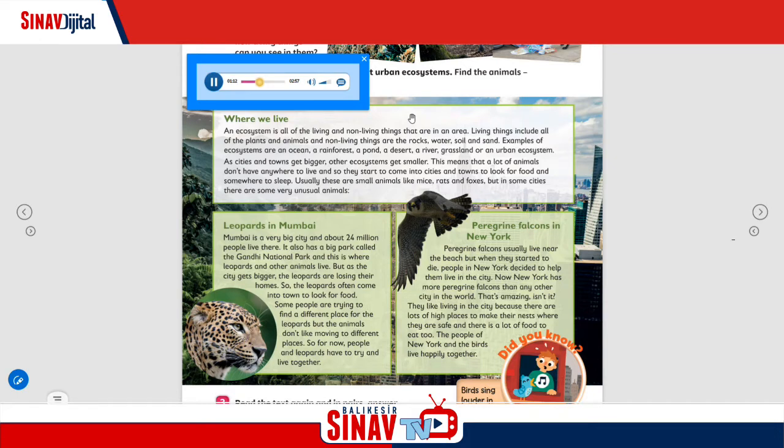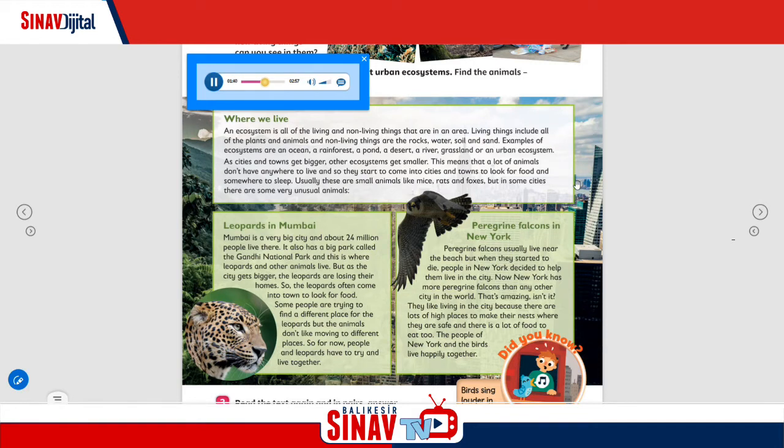Leopards in Mumbai. Mumbai is a very big city, and about 24 million people live there. It also has a big park called the Gandhi National Park, and this is where leopards and other animals live. But as the city gets bigger, the leopards are losing their homes.